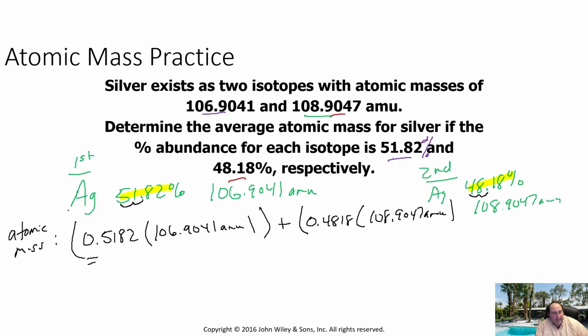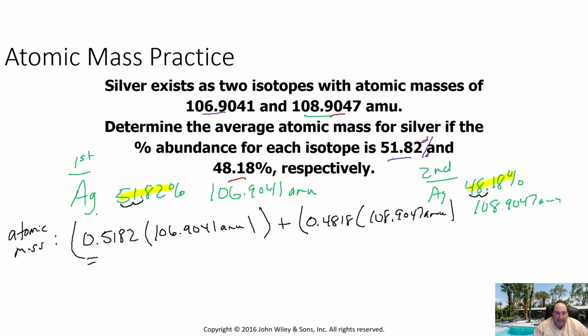So putting those into our calculator, we got 0.5182 times 106.9041 plus 0.4818 times 108.9047.